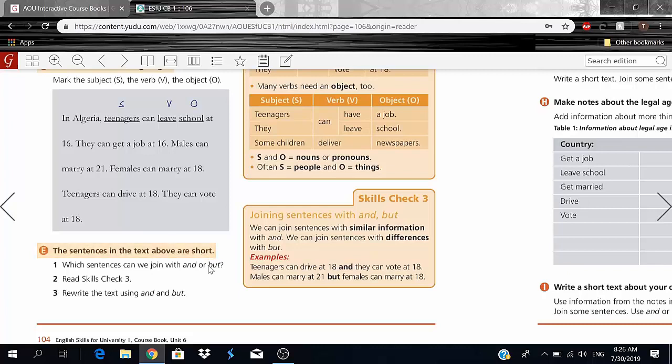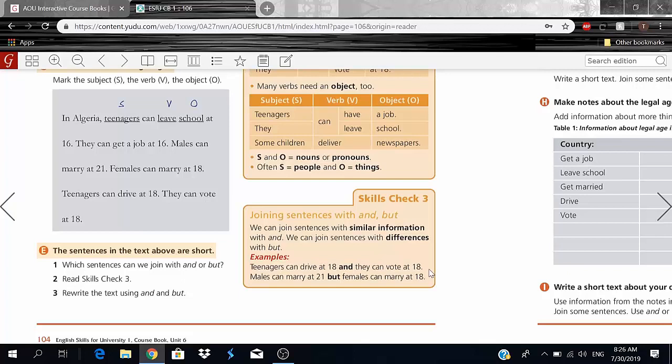So instead of me reading over and over, they can get a job at 16, they can leave school at 16, okay? It gets repetitive really quickly. So if I switch it up and say, teenagers can drive at 18 and they can vote at 18, now it's a lot more interesting. And that is why people use longer sentences, but there's nothing wrong with short ones, okay?